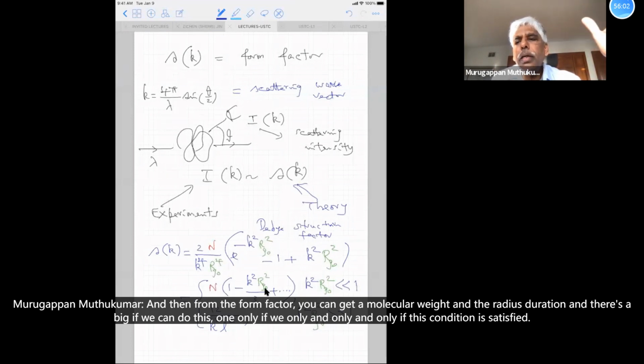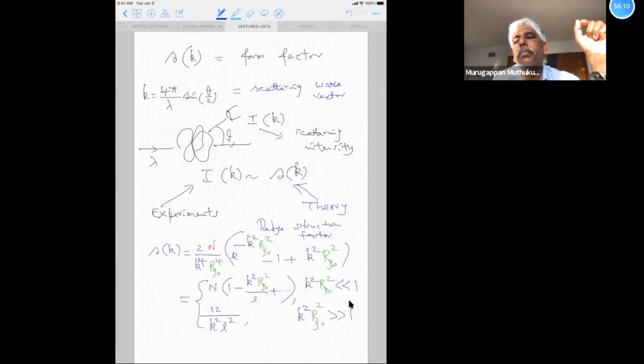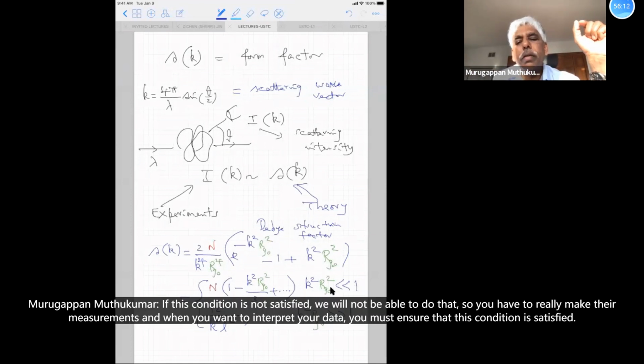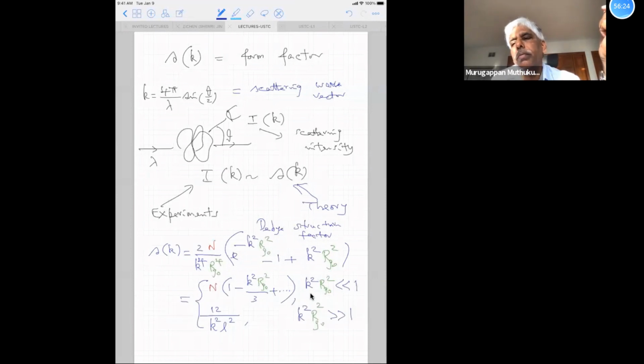And there's a big if. We can do this only if this condition is satisfied. If this condition is not satisfied, we will not be able to do that. So when you make the measurements and when you want to interpret your data, you must ensure that this condition is satisfied.